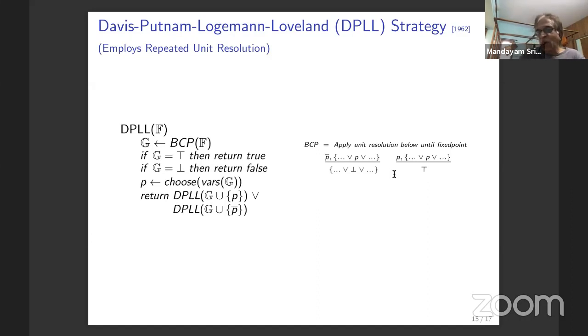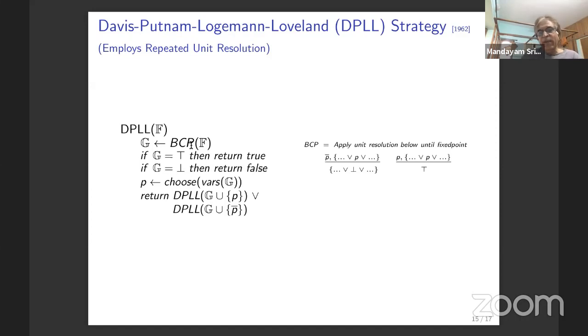What appears on the left side is resolution, and what appears on the right side you can call simplification. Application of these two rules repeatedly, until you cannot apply them anymore, is what is called BCP, Boolean constraint propagation.